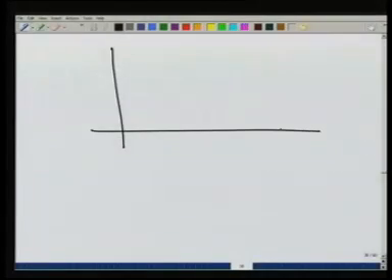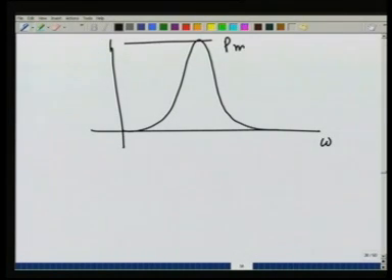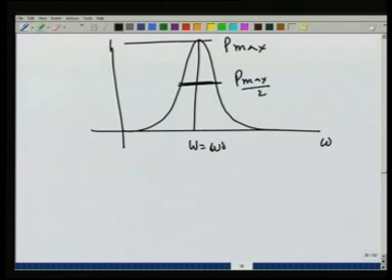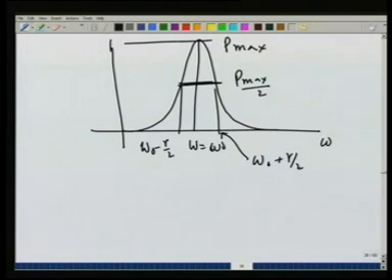Let me recap. When I plot for light damping P average versus frequency, P max is at omega equal to omega 0 and the power absorbed or power supplied falls by half at frequencies omega naught minus gamma over 2 and omega naught plus gamma over 2. This is known as the width of the power absorption curve.